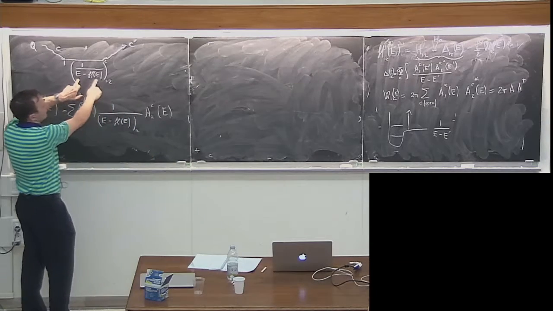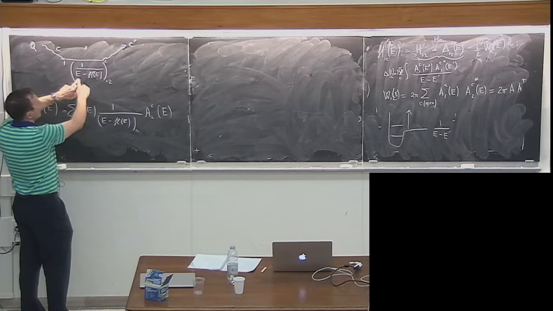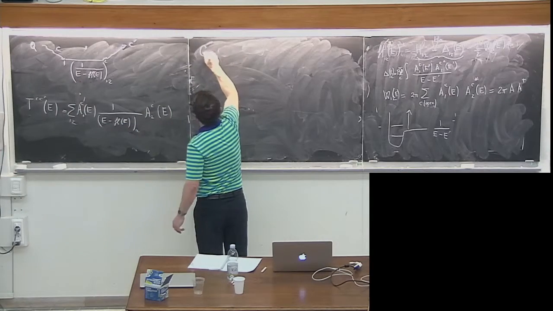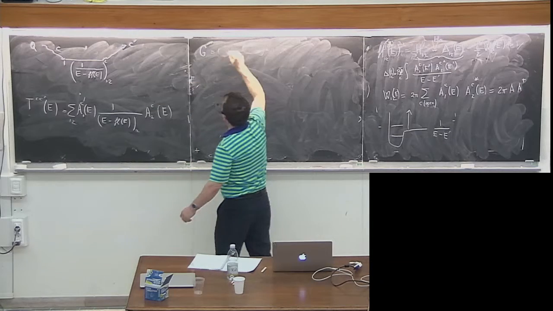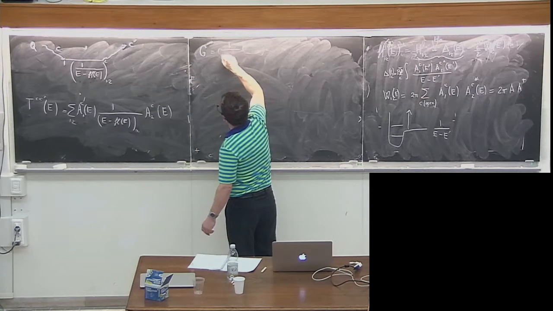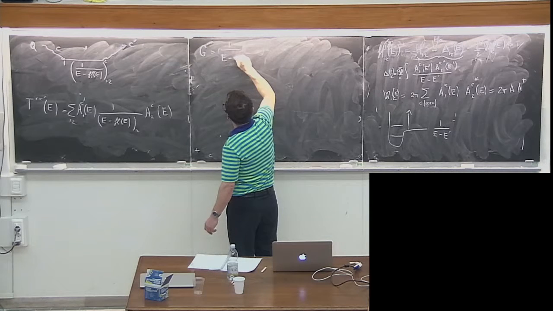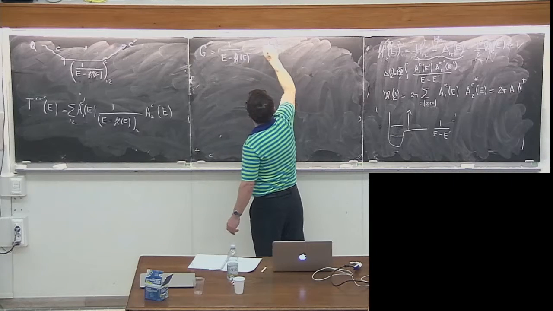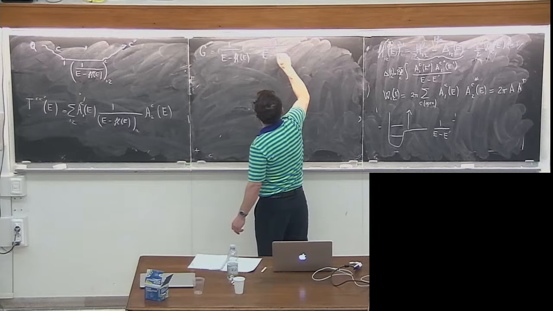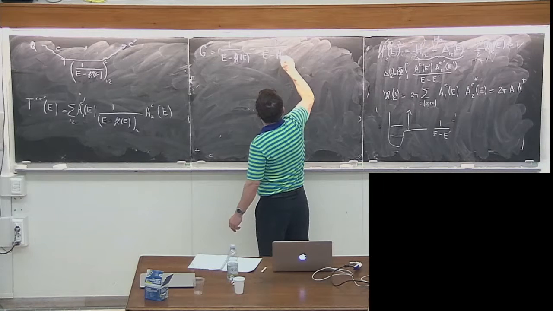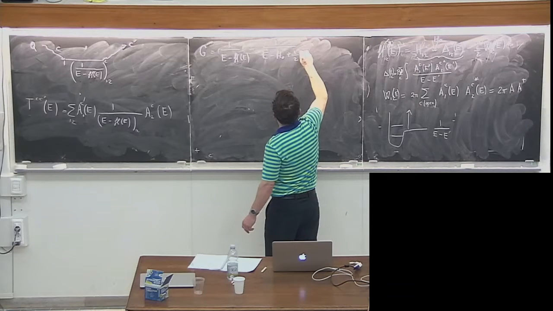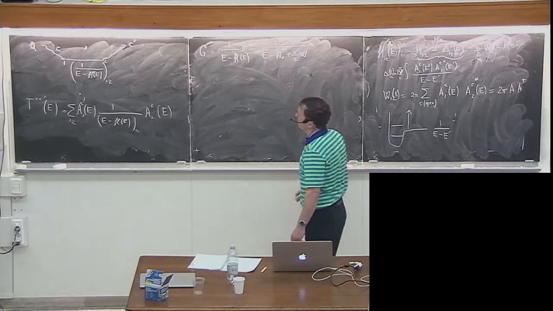This important propagator that I have here is E. So let me define G, which is just that quantity, 1 over E minus H. And this H of E is 1 over E minus H naught plus i over 2 W. Okay.